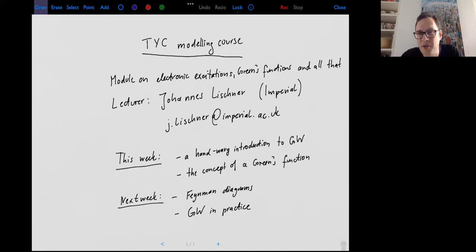What I'm trying to do is explain the connections between basic materials modeling techniques like density functional theory, experiment like photoemission spectroscopy, and these beyond-DFT methods like GW. So that would be the goal.